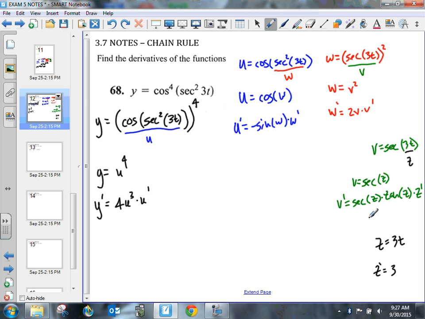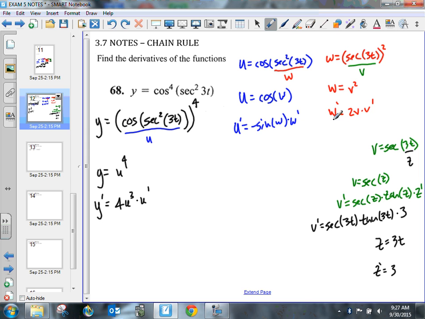All right, let's just chain it all back together. This is going to run out of room here. V prime is equal to secant of 3t times tangent of 3t times 3. I'm just substituting Z and Z prime into V prime.